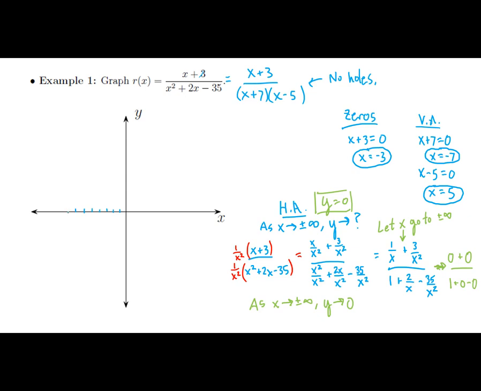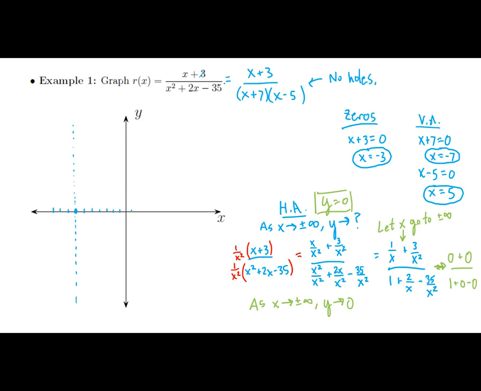Okay, so here's -7, we know that that is a vertical asymptote. So I'm going to go ahead and put in a vertical dashed line. And you're always going to do this, and the only reason it wasn't done on the example of 1 over x is just because that vertical asymptote was right on the y-axis. Okay, so if you're on an axis, you don't actually put the asymptote.